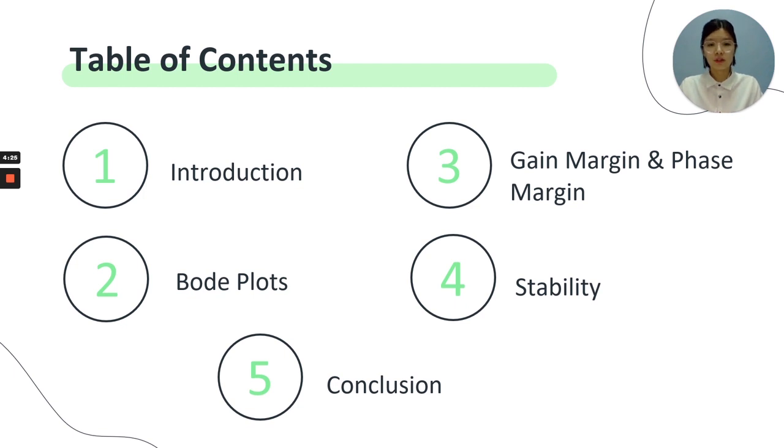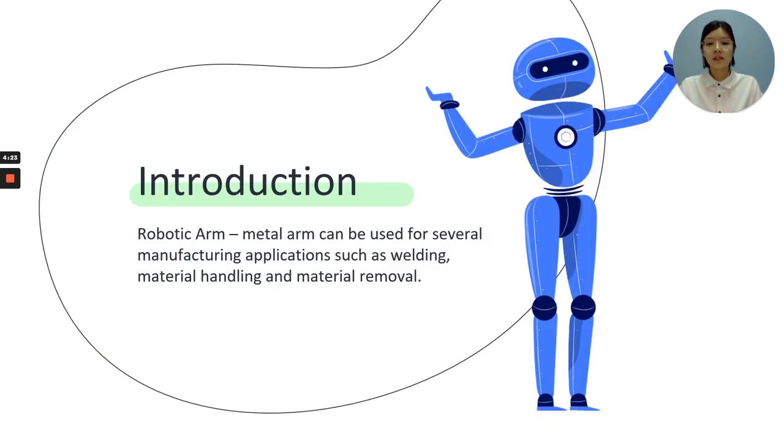Let's move to the introduction. The introduction is about the robotic arm, which is an industrial application that we are choosing in this assignment. A robotic arm is a metal arm that can be used for several manufacturing applications such as welding, material handling, and material removal.